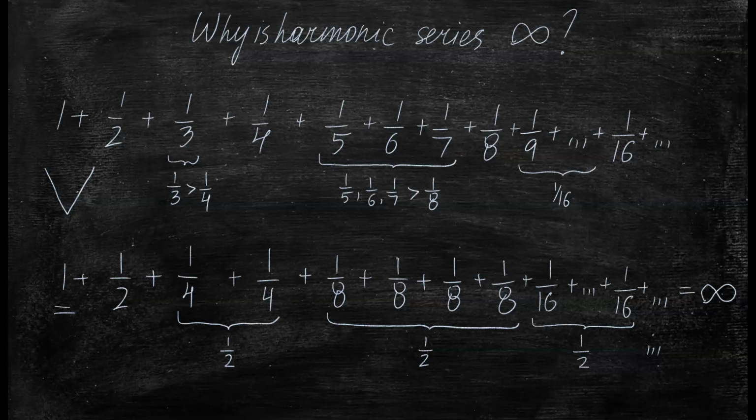So since the sum of a smaller series is infinite, that means the sum of the larger series must also be infinite. This is a simple argument to convince you that the harmonic series is infinite.